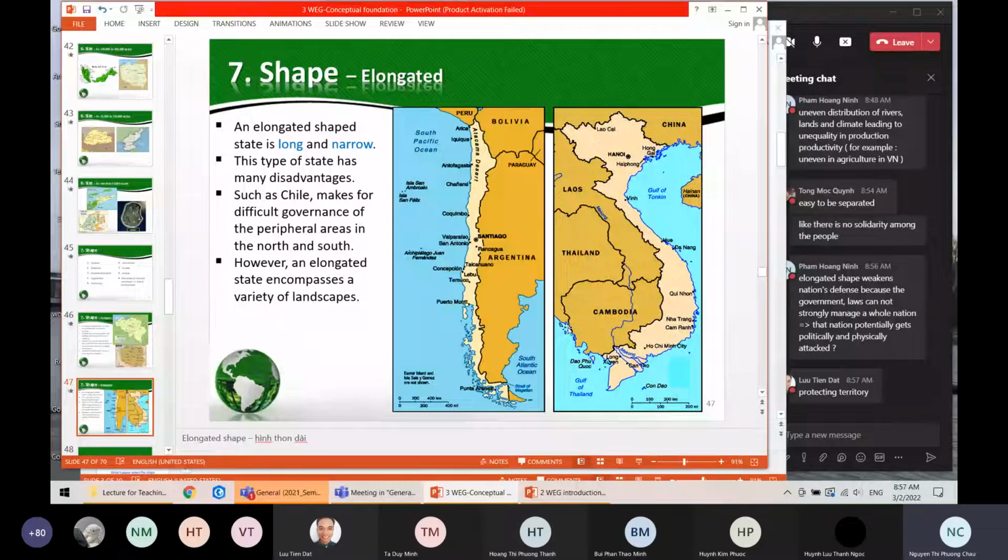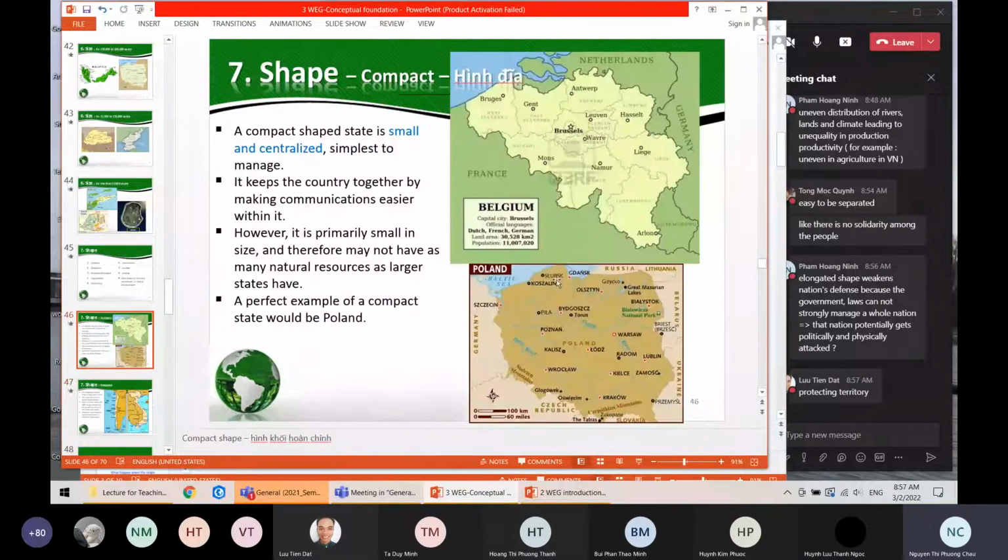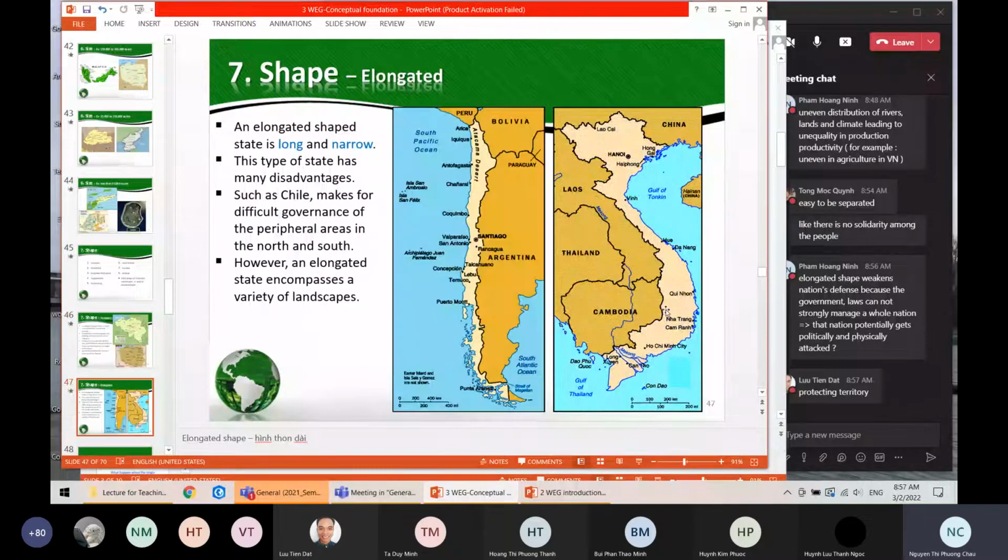I ask you, the wide cookie and the narrow cookie, which one is easy to be broken? Because when the government of a nation cannot control the nation, then other governments will come to control. You see, long and narrow shapes have more kinds of resources, more opportunity to develop the economy.